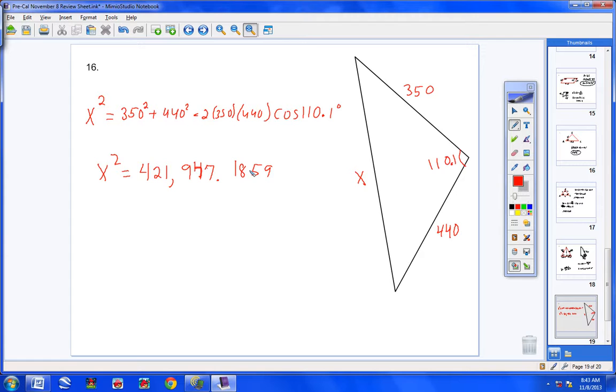And then I hit second square root of the answer, and that gives me this right here. I took the square root of both sides, and that gives me 649.5. So I'm just going to say 650. Now remember, all my measurements were in kilometers, so the answer is, how far away are the airplanes from here to here? 650 kilometers, okay, which is correct.